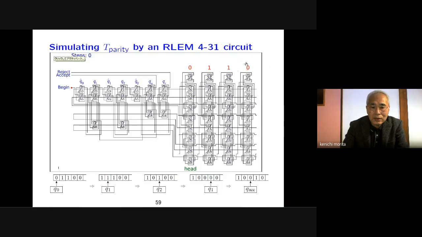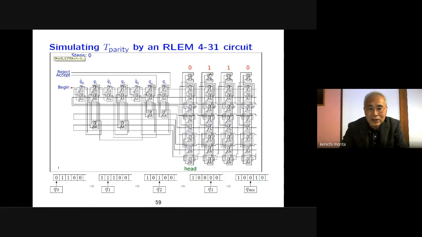It is very complicated, and therefore today I cannot explain the details. But anyway, T Parity, the parity checking Turing machine, is simulated by this circuit.